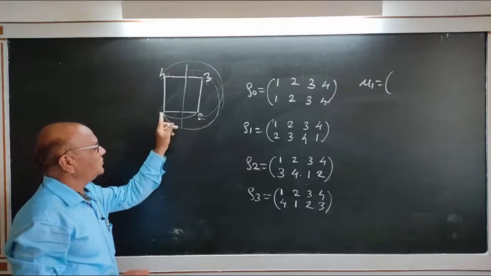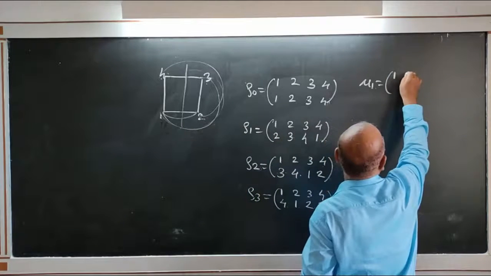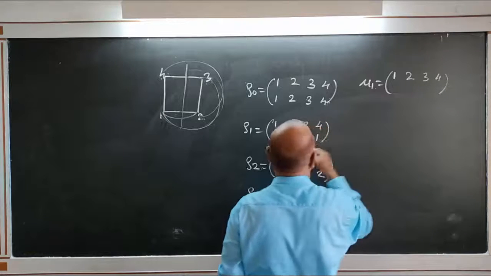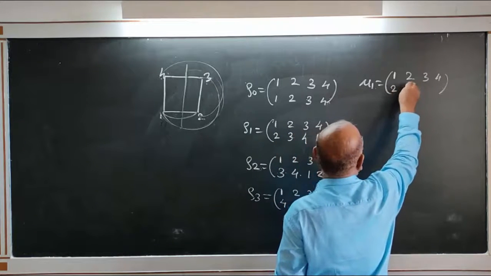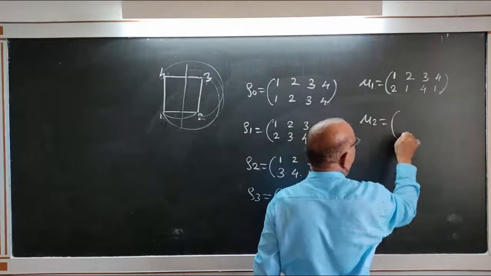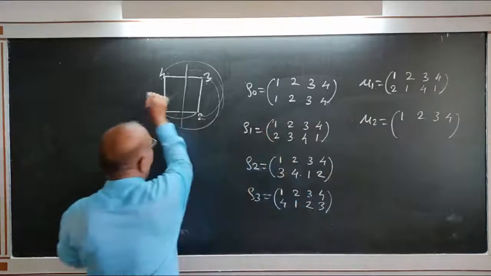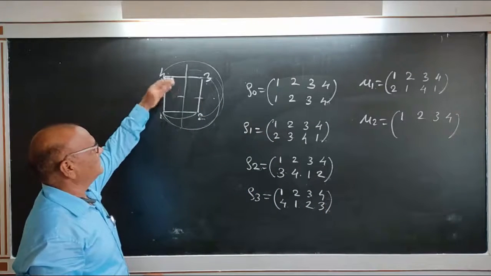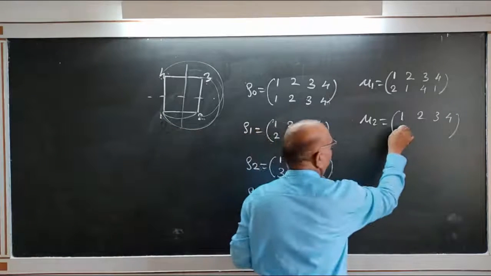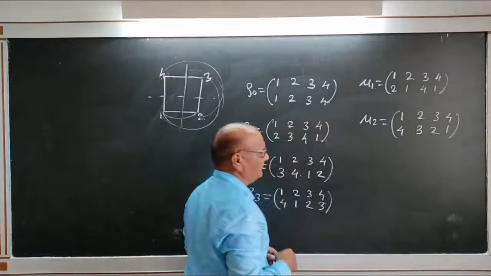Here 1 goes to 2, 2 goes to 1, and 4 and 3 are replaced. So 1 goes to 2, 2 goes to 1, 3 goes to 4, and 4 goes to 3. Mu 2 is the horizontal bisector. That means 1 goes to 4, 4 goes to 1, 2 goes to 3, and 3 goes to 2.